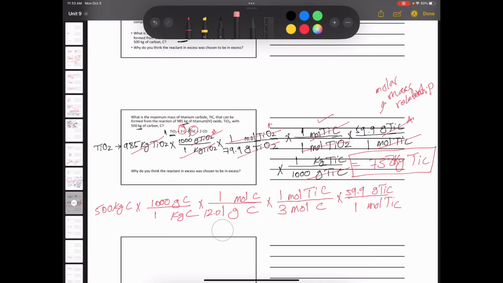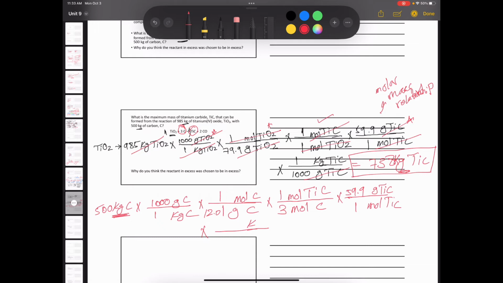Okay? Now, I have grams of titanium carbide, but this is not enough because we started with a kg, so I need to finish with a kg. And also, I have my unit here in kg, so just to be consistent. So I need to convert the grams into kilograms.